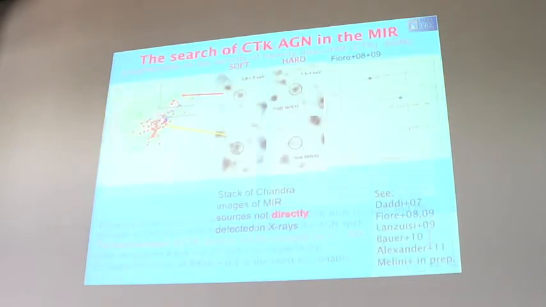Let's see about that. We have been looking for very heavily obscured sources, and as it is not easy to see them in the X-rays, we try looking for evidence of obscured AGNs in the infrared colors, using Herschel and Spitzer data. There is this kind of work, for which you have the references, in which you select objects that show very hot dust compared to objects with warm dust, and you stack at the positions where the objects are.